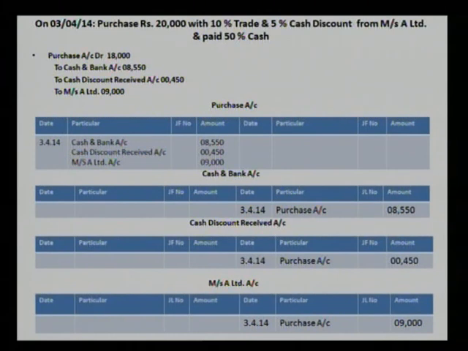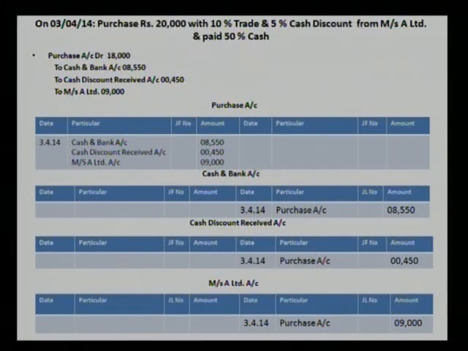So we have purchased the goods worth rupees 20,000 at 10% trade discount. 10% of 20,000 will be 2,000 rupees. That won't affect the accounts. So our net purchases will be 18,000, on which if we pay immediately, we are allowed to enjoy the discount of 5%, that being the cash discount that we have to mention.